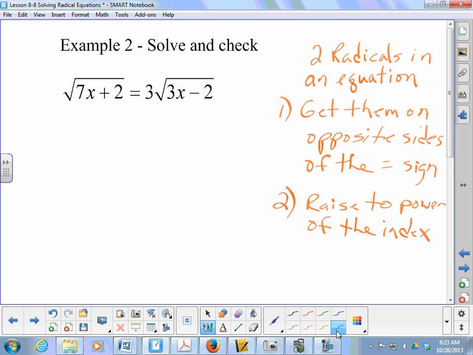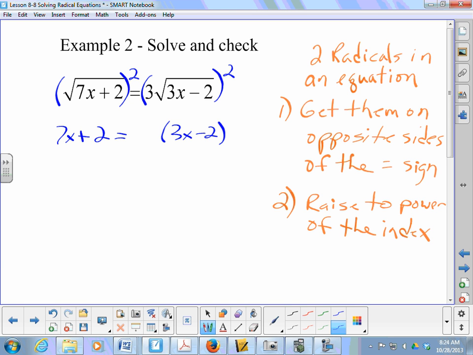So radicals are on both sides, so we need to, in this case, square both sides. Now, this is a little bit trickier because we have that 3 in front of the radical on the right-hand side. So on the left-hand side, the square root and the squared undo each other. So we have 7x plus 2 on the left. On the right, we also have the 3x minus 2 because that square is going to eliminate that radical.